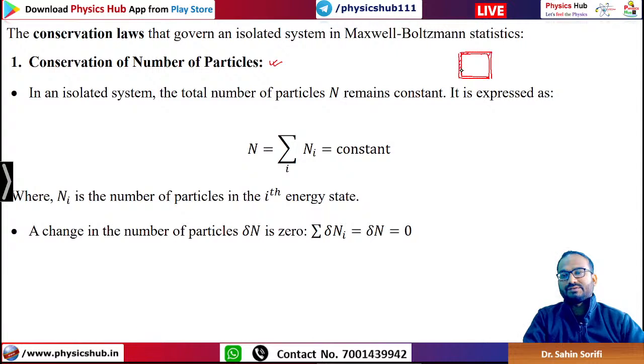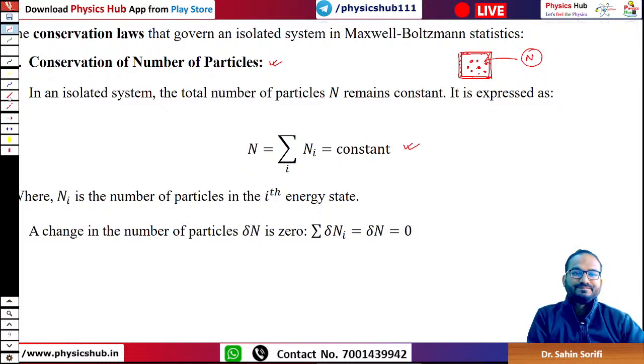Obviously, the particles or heat cannot exchange from here, cannot go out from here. In an isolated system, the total number of particles N remains constant, and you can express it this way: N equals the sum over Ni, which equals a constant. Ni is the number of particles in the ith energy state.